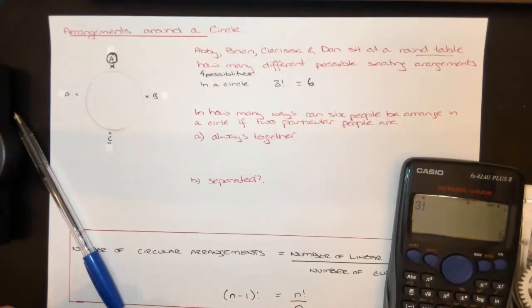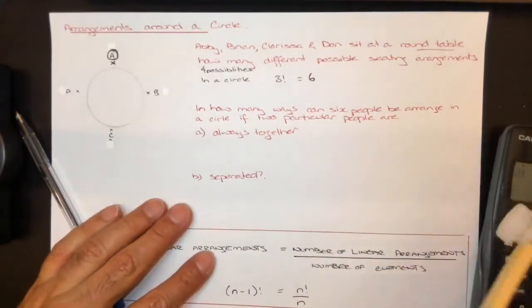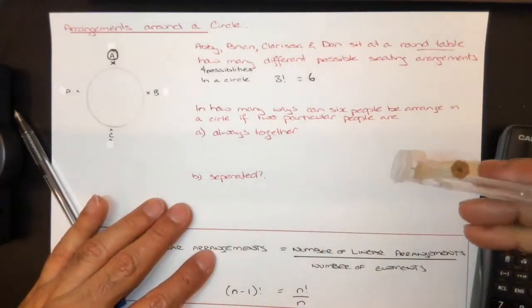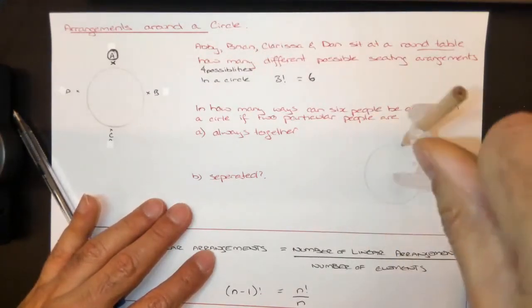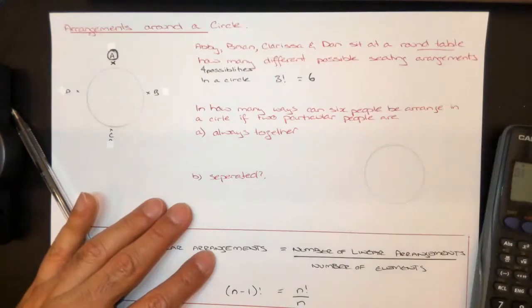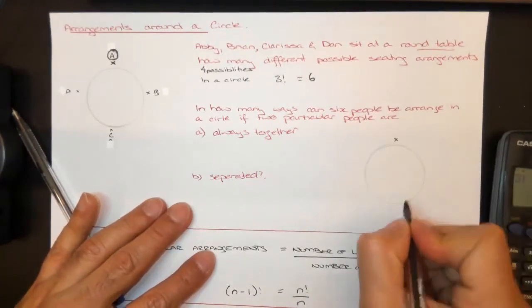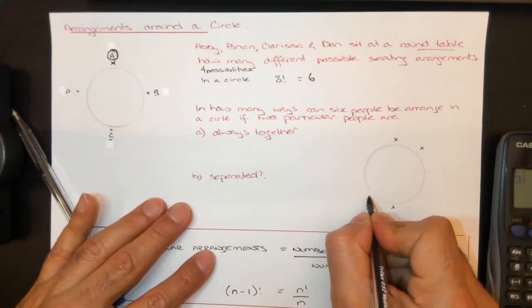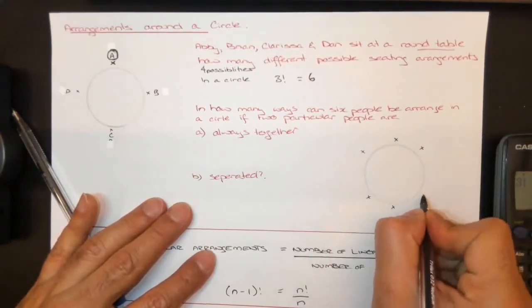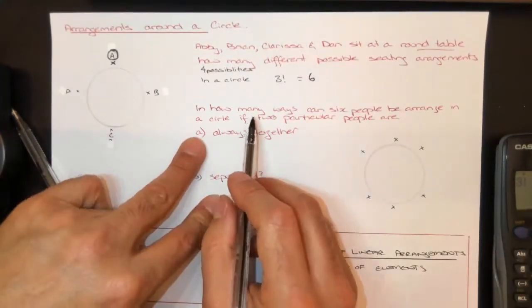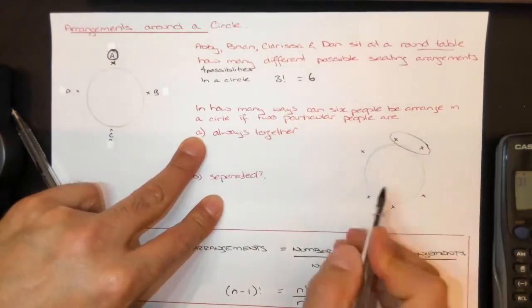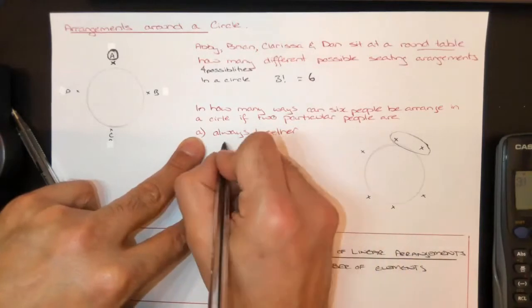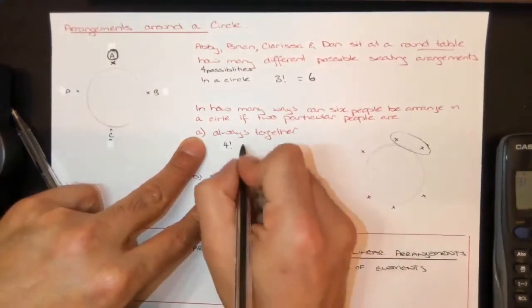Okay. Let's look at the next example. In how many ways can 6 people be arranged in a circle if 2 particular people are always together? Okay, here is my circle. I have 6 people. If 2 people have to be together, then I have 4 factorial remaining.